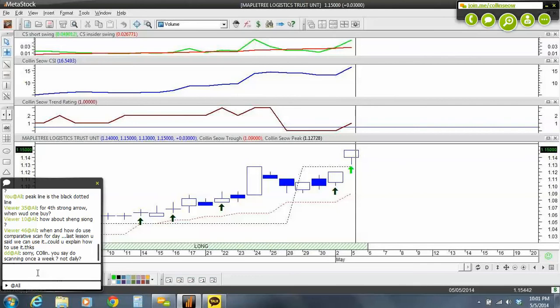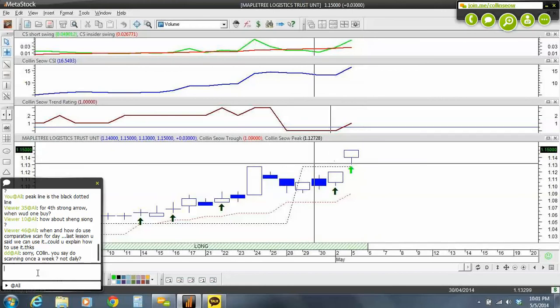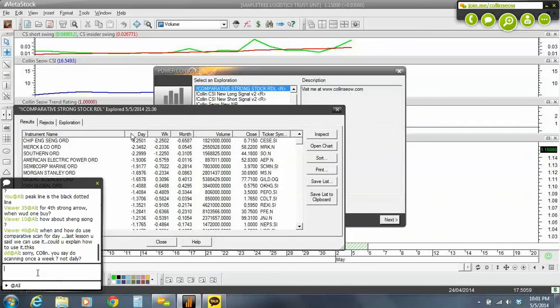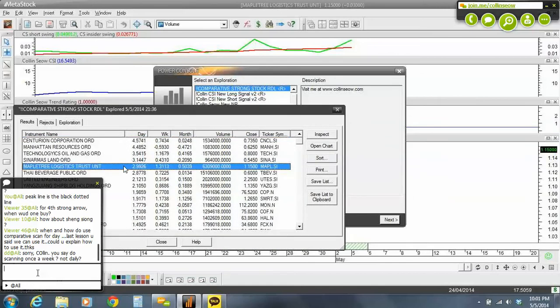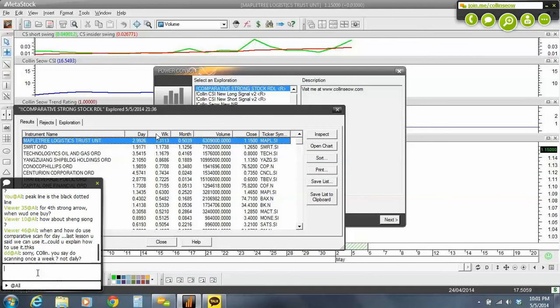In the whole 100 stocks, this is the stock that moved the most in terms of ratio over the last 1 week. Over the last 1 day, not too bad also, you will see Mapletree Logistics is still number 5. On the last one week basis, it is number 1.